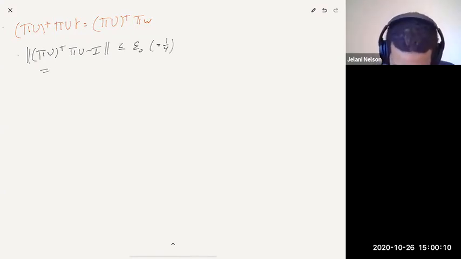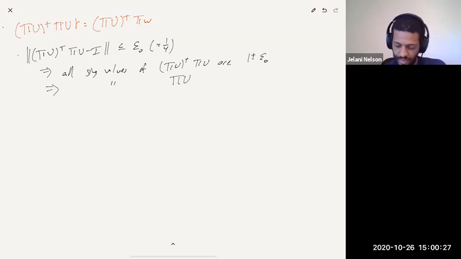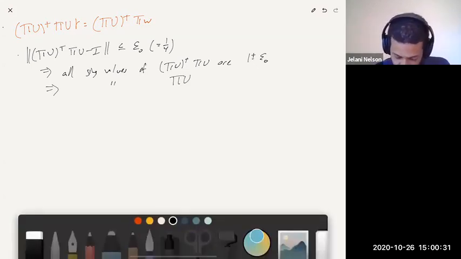Which implies that all the singular values of pi U transpose pi U are like 1 plus or minus epsilon naught. Actually, I guess that's all I really need to say.